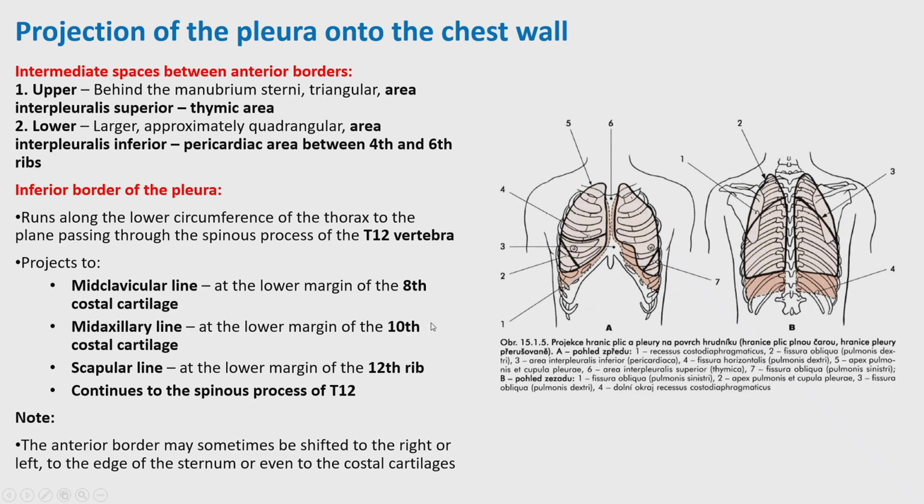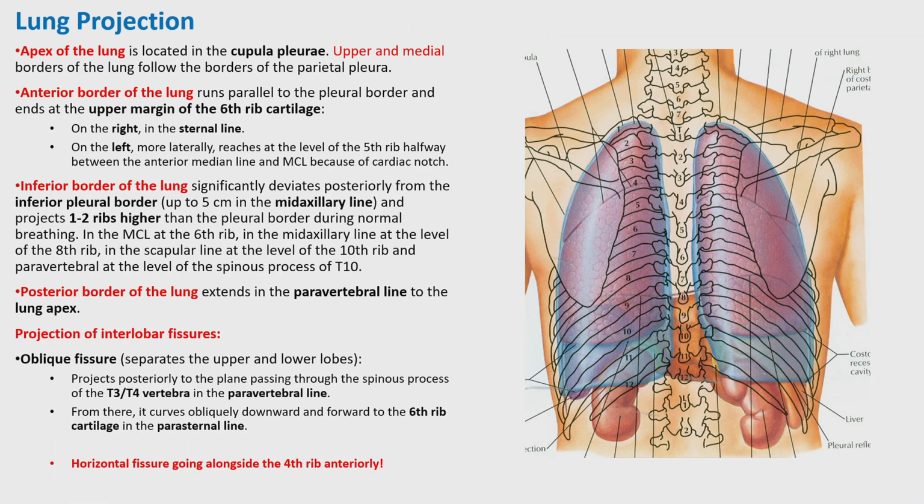And in the scapular line, which is posterior and passes through the inferior angle, the inferior border reaches the 12th rib, sorry, here is the pleura, and continues to the spinous process of T12. So those are the projections of the parietal pleura or the pleural cavity at the inferior border, and it's very important to know these numbers because when you are listening to the lung, you have to know exactly the position of the lobes.